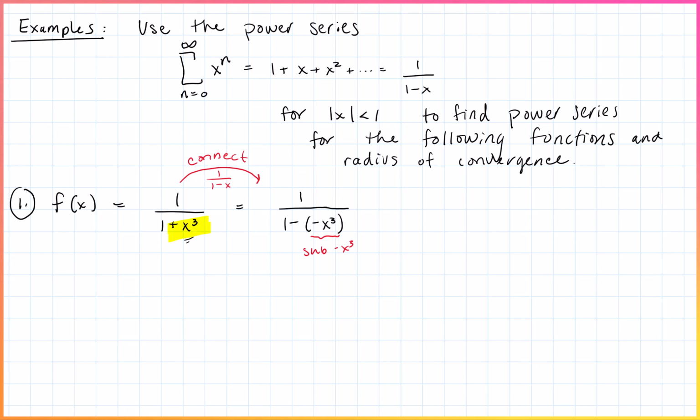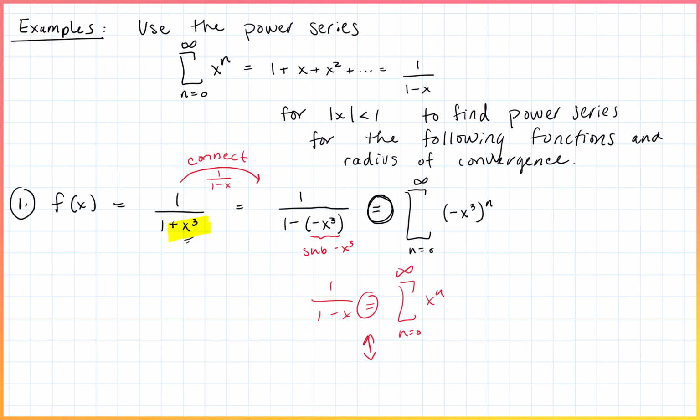This is going to be equal to, I can take that negative x cubed and I can substitute that into my power series representation where I've got negative x cubed to the nth from n equals 0 to infinity. But I'm going to circle that equal sign right there because that's true, right? 1 over 1 minus x is equal to the power series x to the n from n equals 0 to infinity. That is true when the absolute value of x is less than 1.